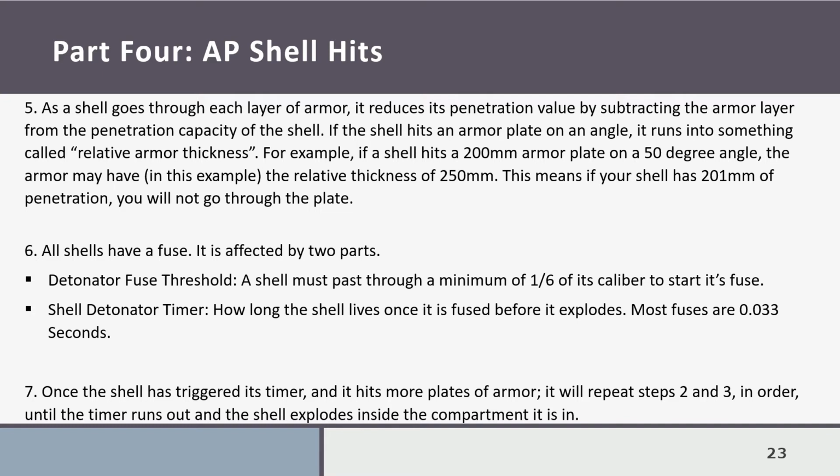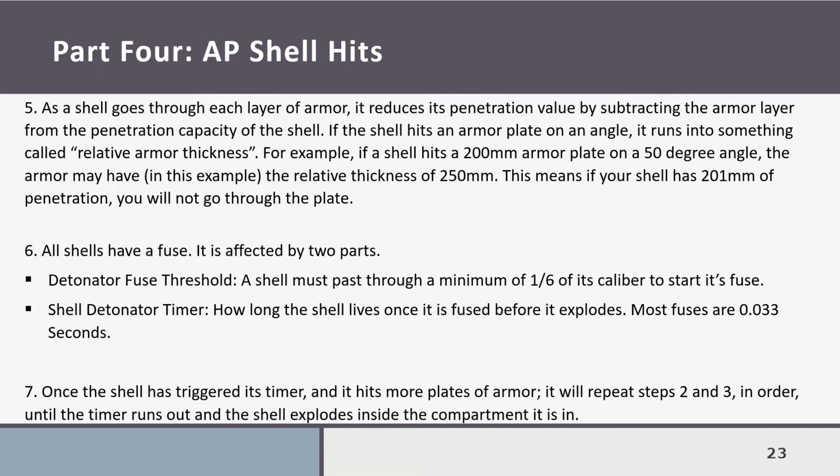Most fuses are 0.033 seconds. Some ships have a faster fuse time, some have a slower one, but most fuses are around this. You don't really want to worry about your fuse too much, because you'll go down a crazy rabbit hole of mechanics. But if you ever wonder why you overpen something, which we'll get into in a bit, this is basically what that's related to.